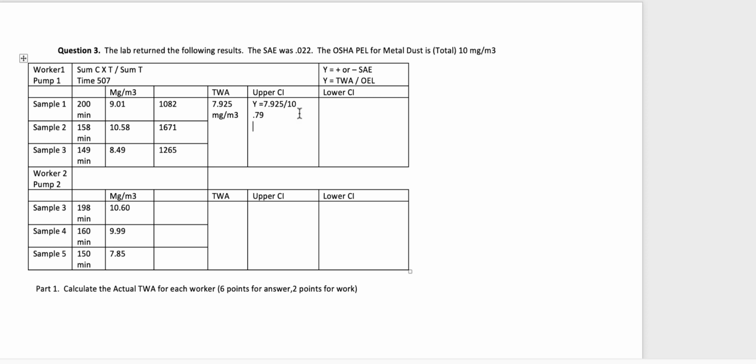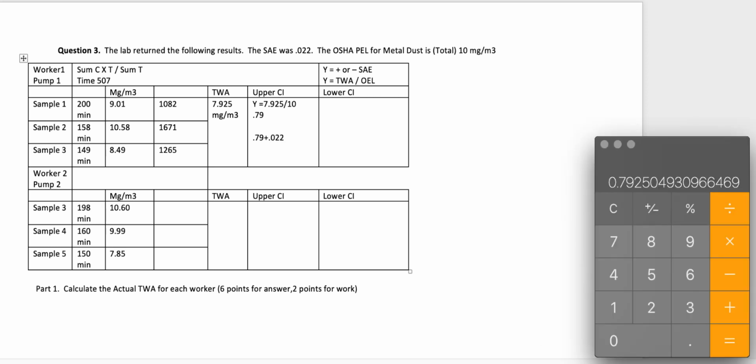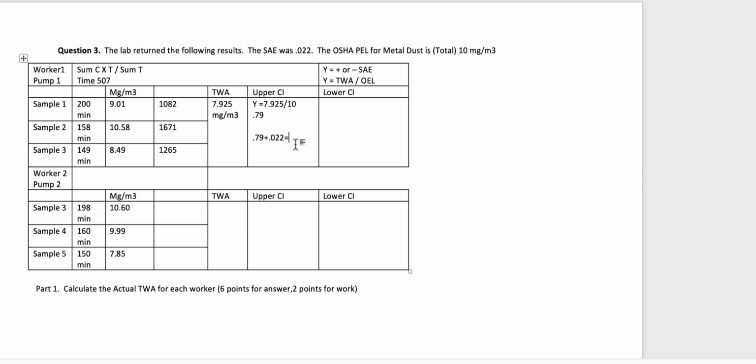So our upper confidence interval is 0.79 plus our standard analytical error. And our lower confidence interval is minus our standard analytical error.